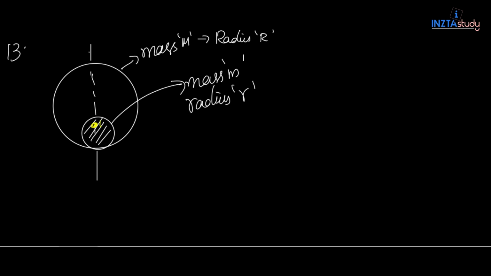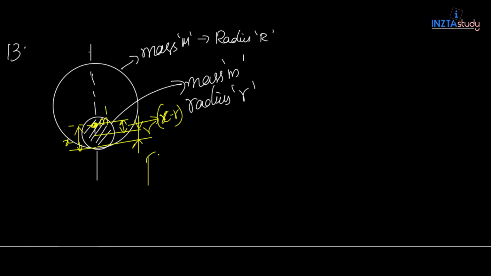So here it is m dash. So this would be x, and this should be r and this should be x minus r. So mass is here, total distance from the base point is x, and this is the radius which is small r, and this is x minus r.